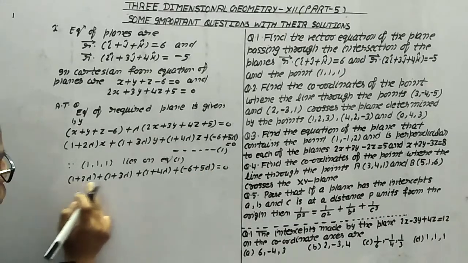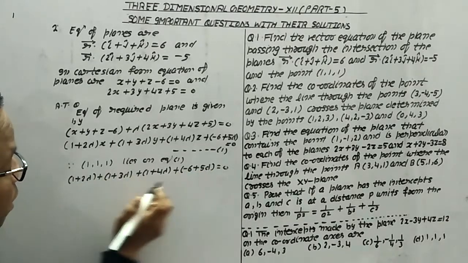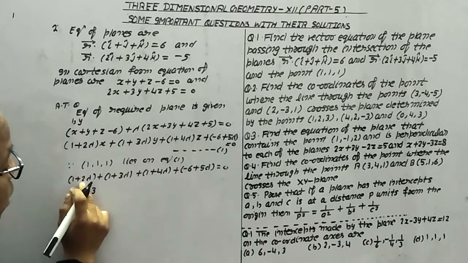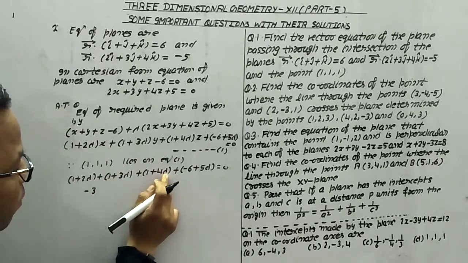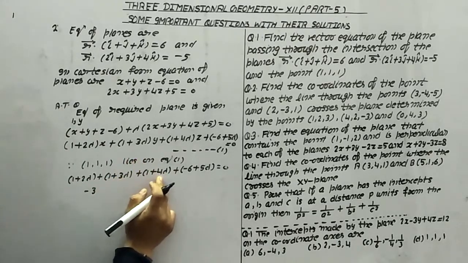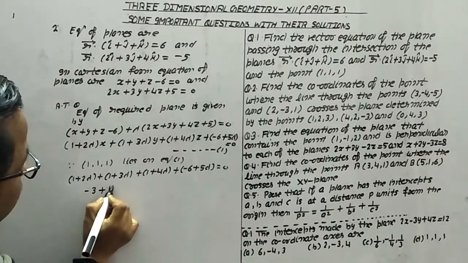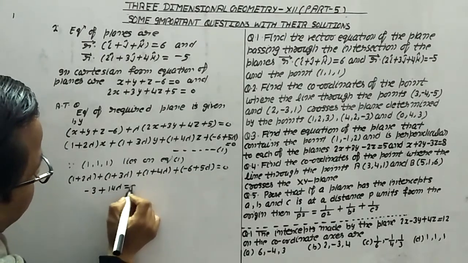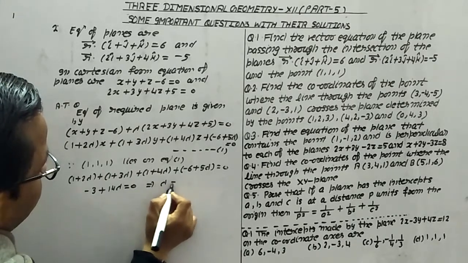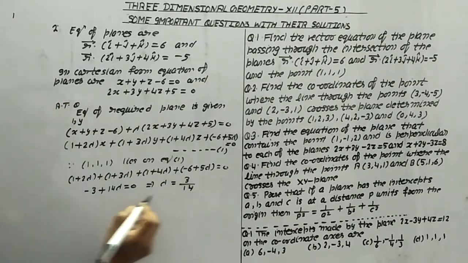It means 1 + 1 is 2, plus 1 is 3, minus 6 is minus 3, and 2 lambda + 3 lambda is 5 lambda, plus 4 lambda is 9 lambda, plus 5 lambda is 14 lambda. So this is 14 lambda - 3 = 0. It implies that lambda is equal to 3 upon 14.